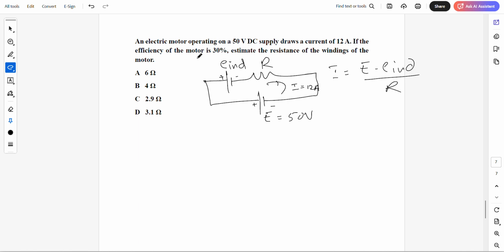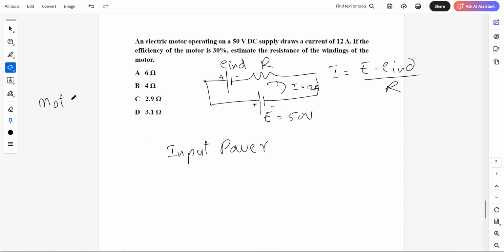If the efficiency of the motor, here they are talking about the efficiency of the motor. What is the efficiency of the motor? Efficiency of the motor is given by output by input. Now here, which is the input power? Input power for a DC motor. What is a motor basically?